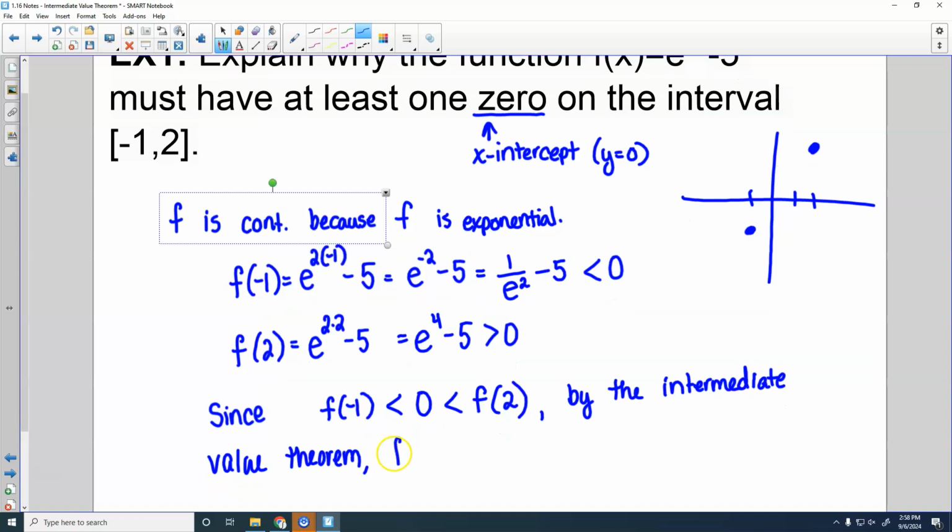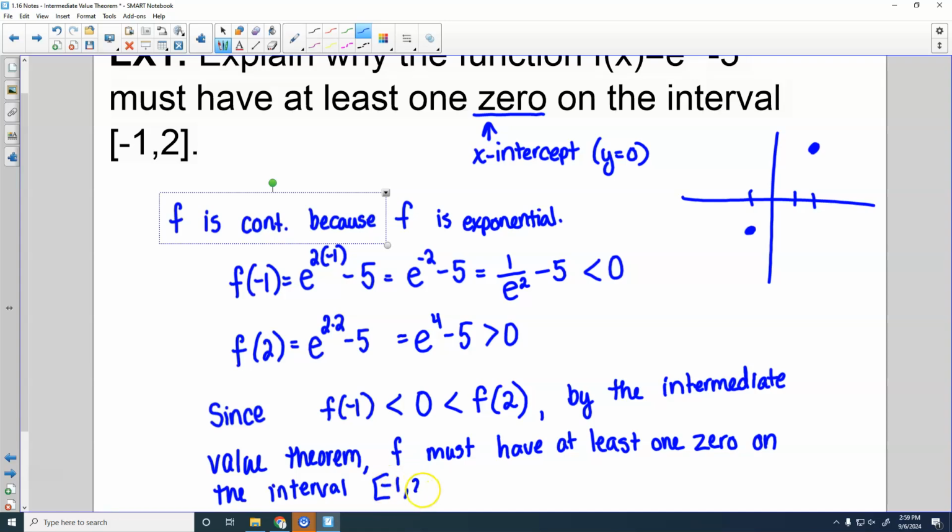I would say f must have at least 1 zero on the interval -1 to 2. There are other ways you can word it. I just like to use the question to not have to worry about it. You're basically just stating what it said, right?